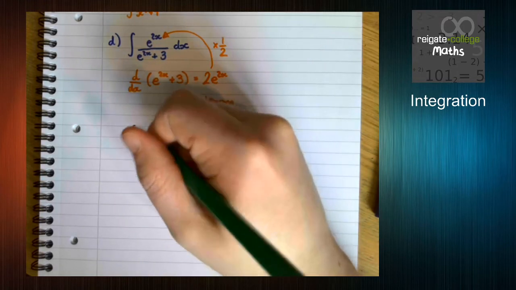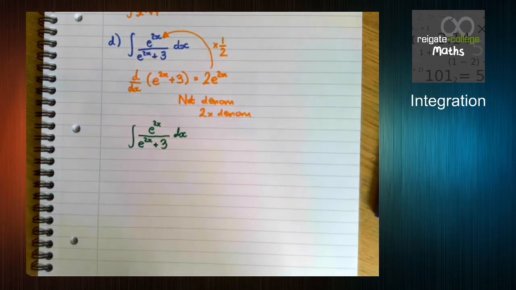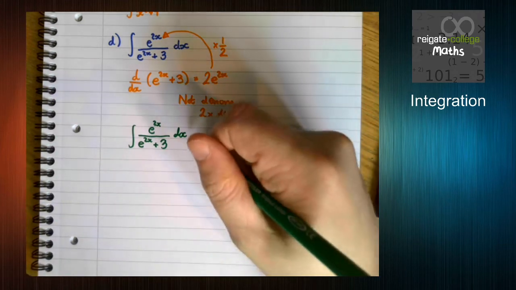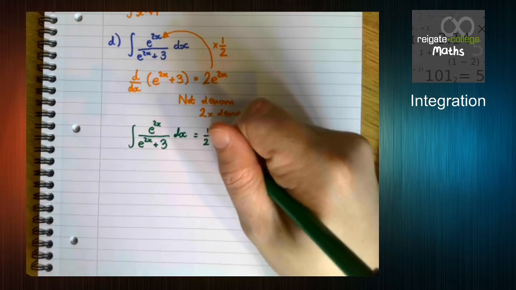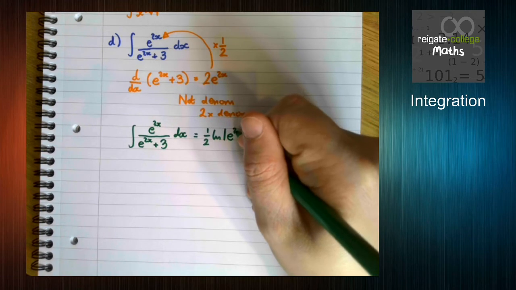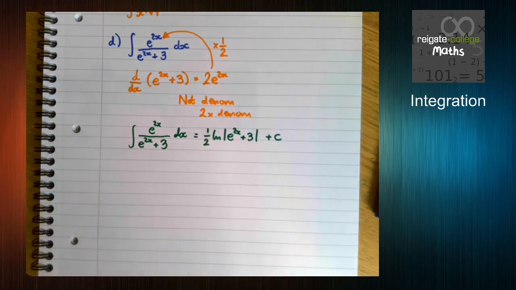The final answer, and this is like we were doing in previous videos with the by inspection method, where you should really just be spotting it. Our final answer is that it's 1/2 ln e to the 2x plus 3 plus c.